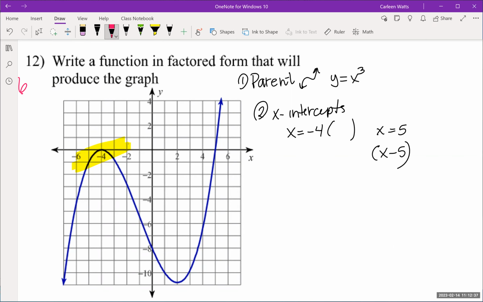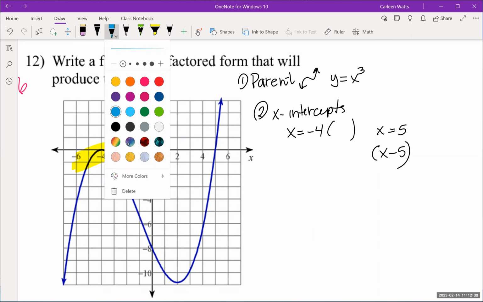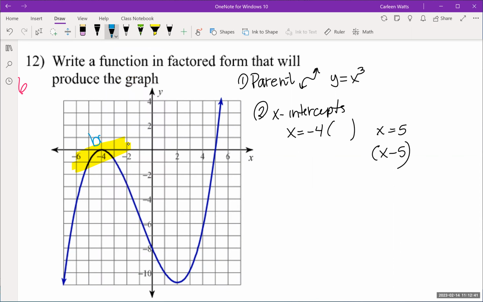Something funny is going on here. This is a bounce. When it's a bounce, it's a little mini parabola, right? So this is x plus 4 squared. It bounces on -4, so it's a little mini parabola.